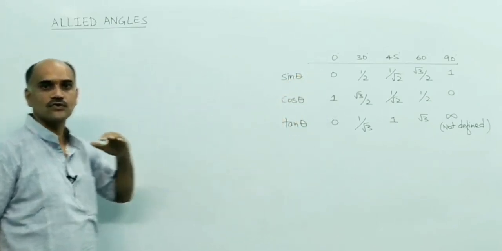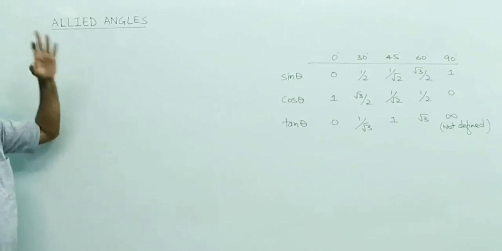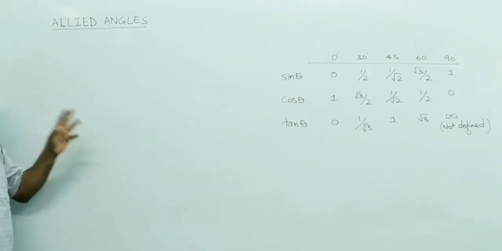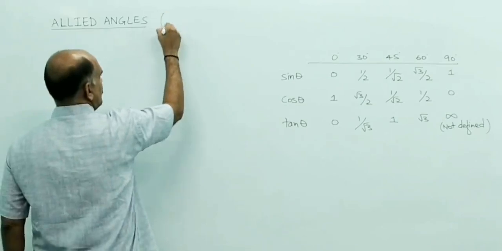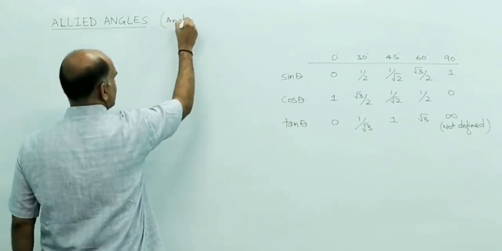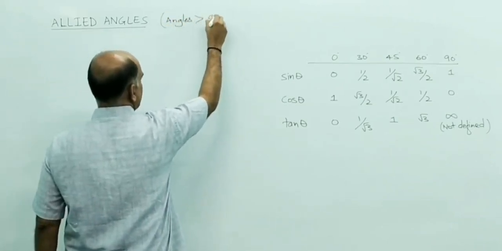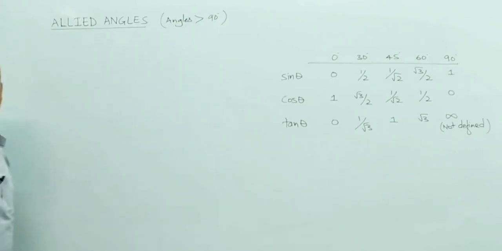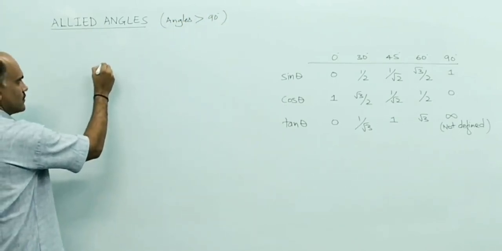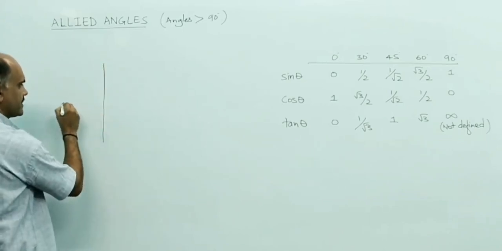That study of those angles we call allied angles. So here angles will be greater than 90 degree. Now there is a rule to find the relation between them.